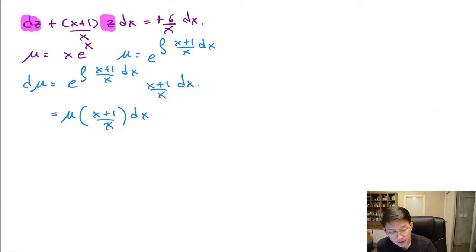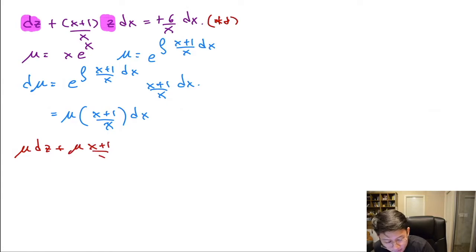So guys, when I multiply mu to this equation, what I have is mu dz plus mu (x plus 1) divided by x z dx equals mu 6 divided by x dx.